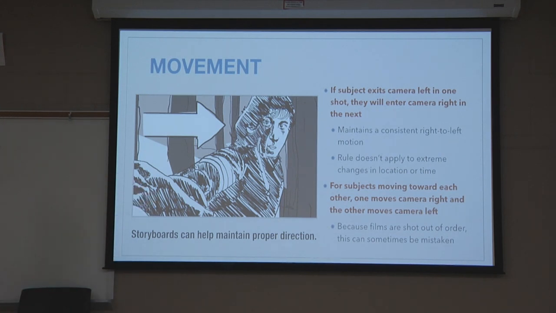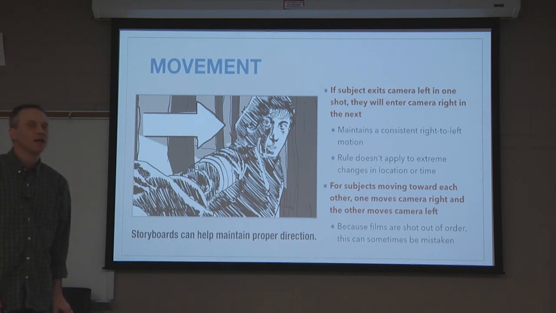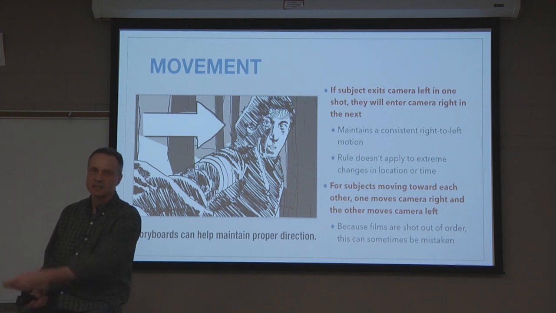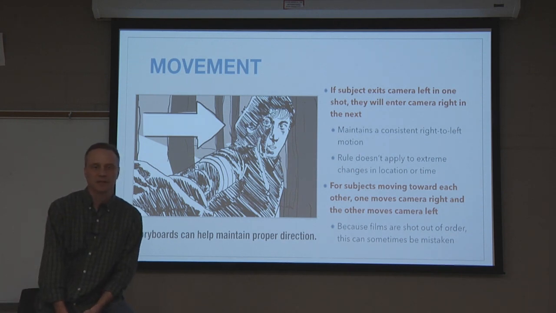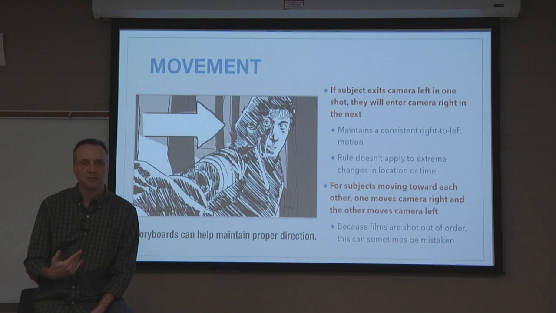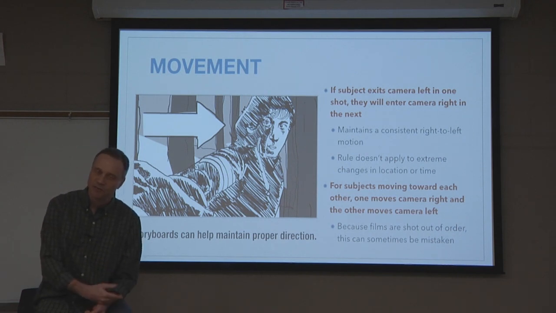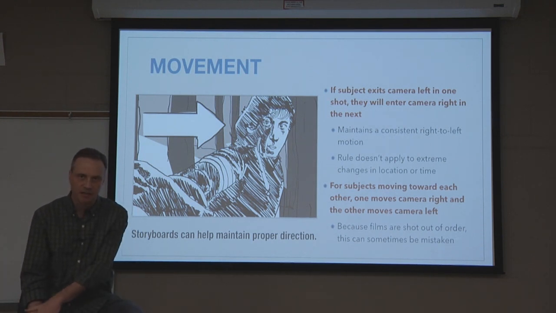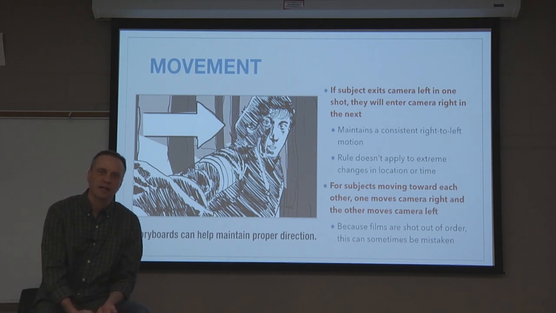When I came into frame again, I was continuing that same consistent right to left movement. Now, if I had walked off the other side of the frame in the other shot, and then suddenly walked into this side of the frame in this shot, it would have been very disorienting because that consistent right to left or left to right movement had not been maintained from one shot to the next.